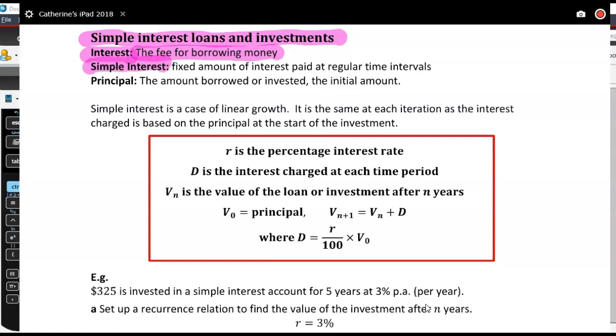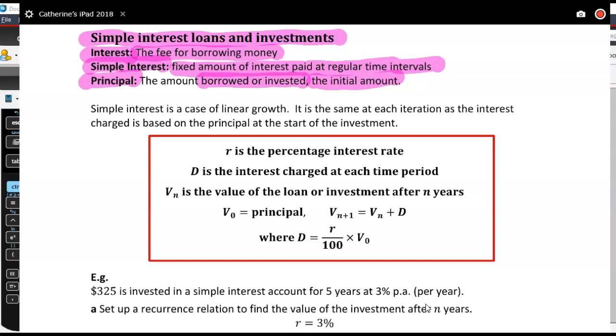Simple interest is a fixed amount of interest paid at regular time intervals. Principal is the amount borrowed or invested, the initial amount, the starting amount. So these are some words you must be familiar with and comfortable using. Make sure you have them in your glossary.